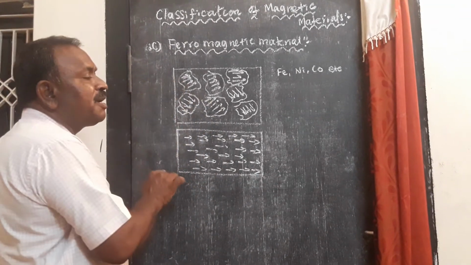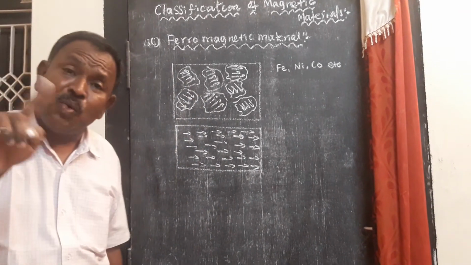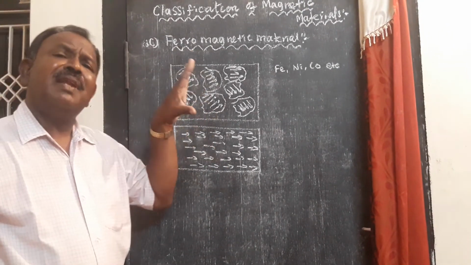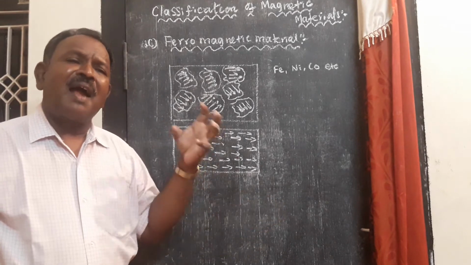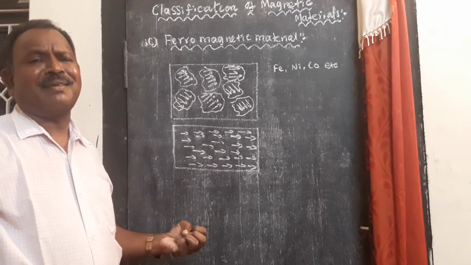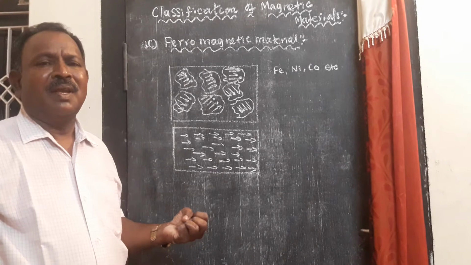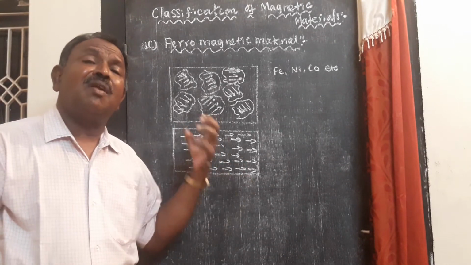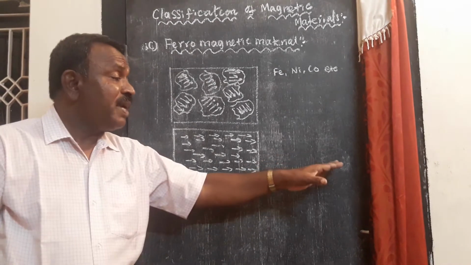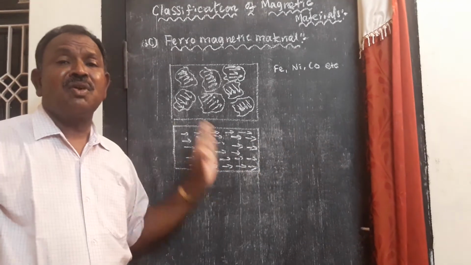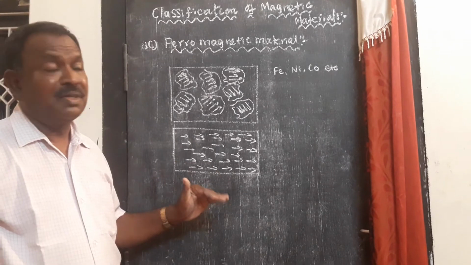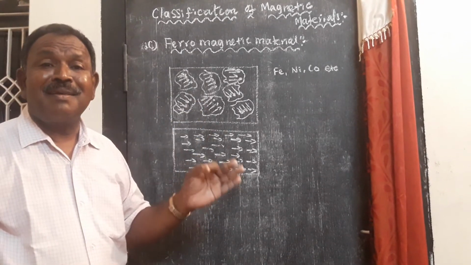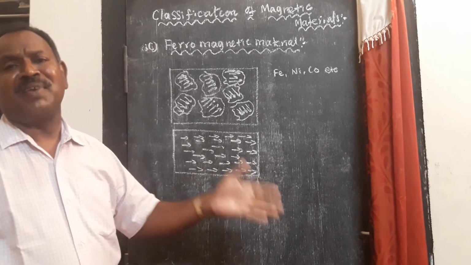When such a material is kept in a non-uniform magnetic field, it will experience a large force and is strongly attracted, moving from the weaker region to the stronger region. So this tells that ferromagnetic materials are strongly attracted by the external magnetic field.